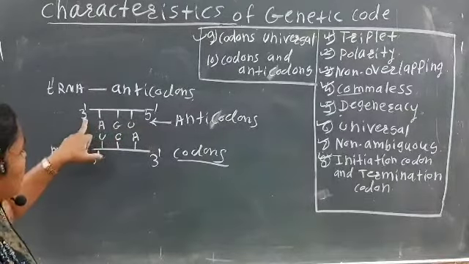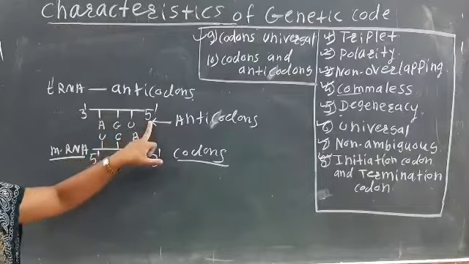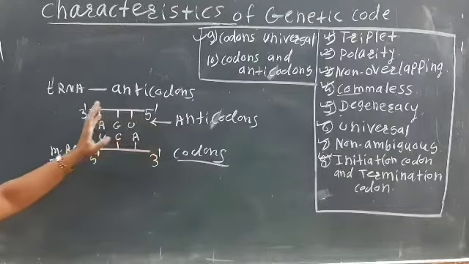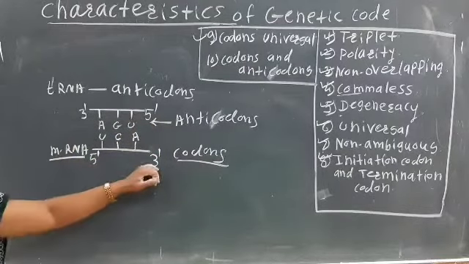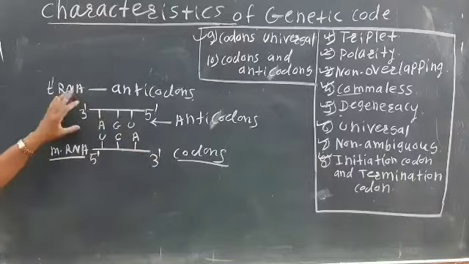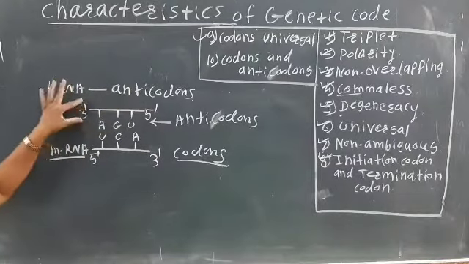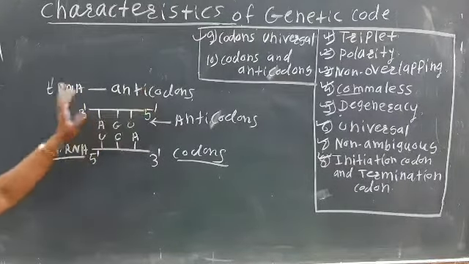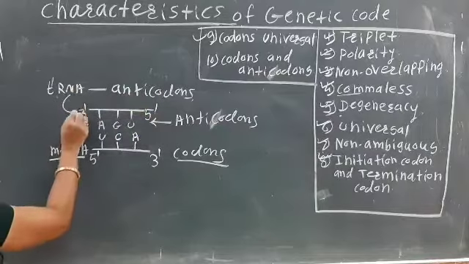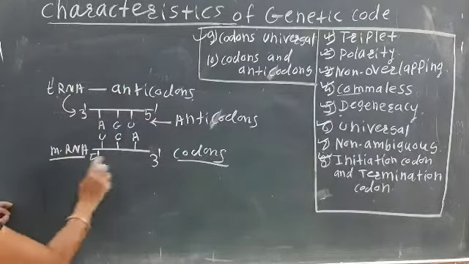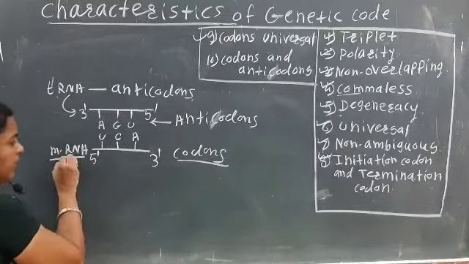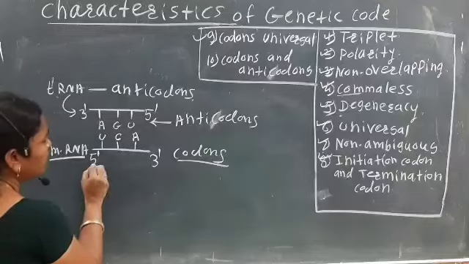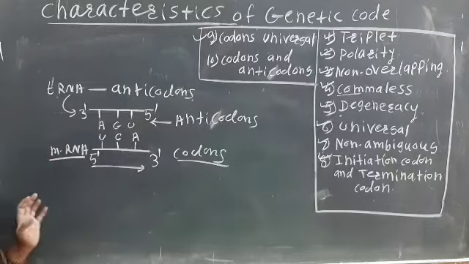So anticodons are read 3' end to the 5' end present on the tRNA, while the codons present on the mRNA are always read from 5' end to the 3' end.